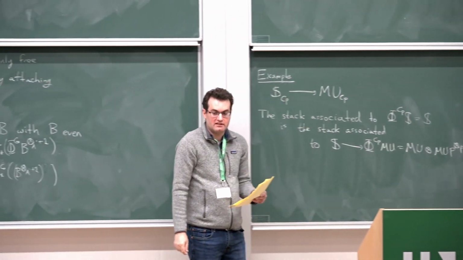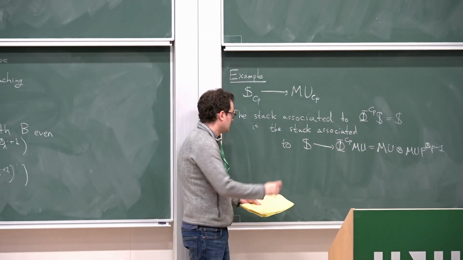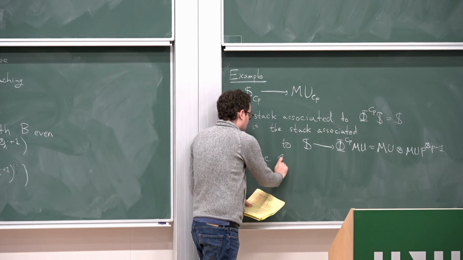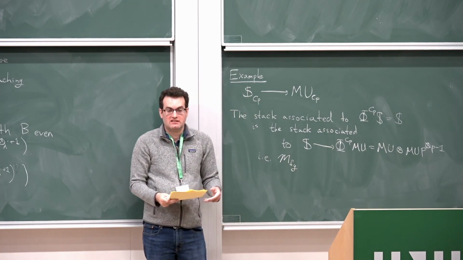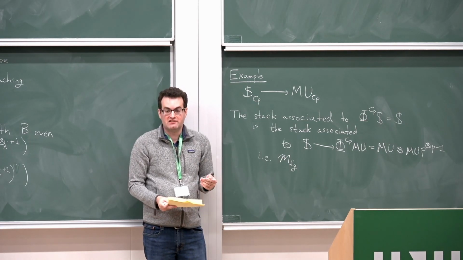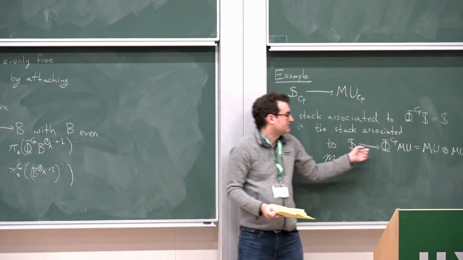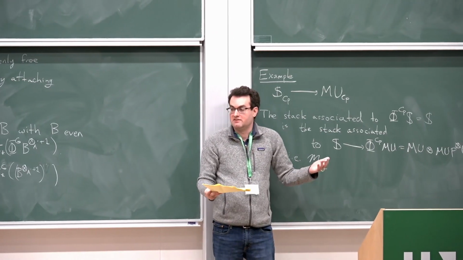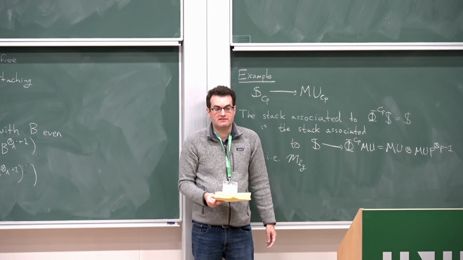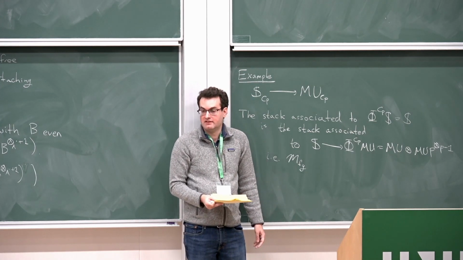And if I look at the Adams spectral sequence associated to this map, this is just M_FG. So M_FG we usually think of as coming from the map from S to MU. But if I look at the Adams spectral sequence associated to S mapping to some tensor products of MUs, it's also going to give you the same stack. The Hopf algebroids will be equivalent from the E2 page onwards.